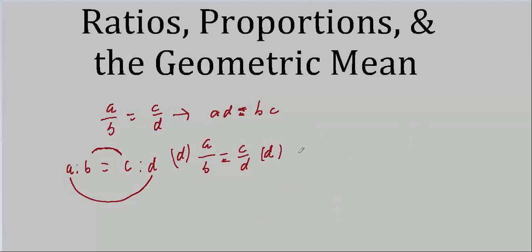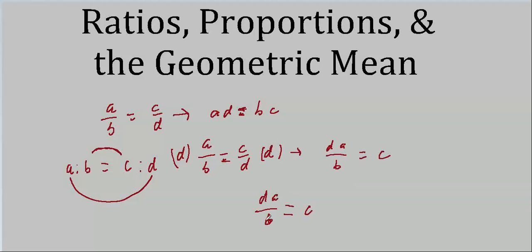Multiply each side by D, and what we get is dA over B equals C. Well, now we can just take this equation and write dA over B. Oops. That's an equal sign. And that's supposed to be a B.